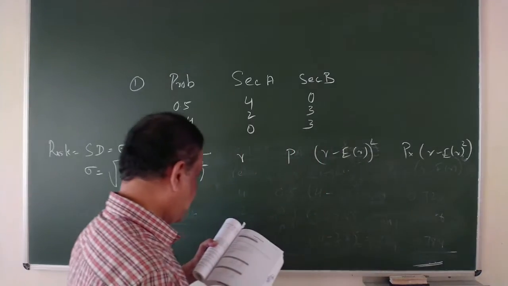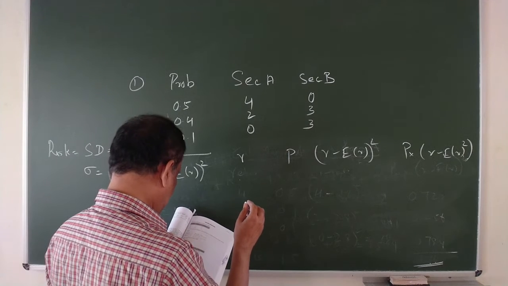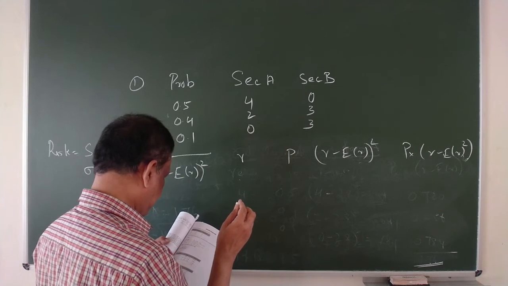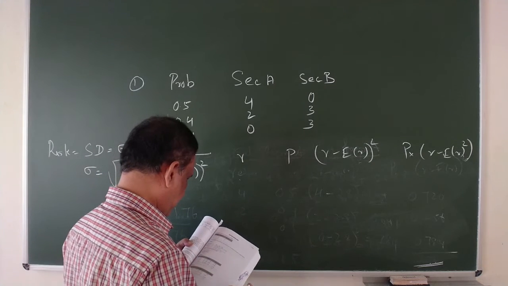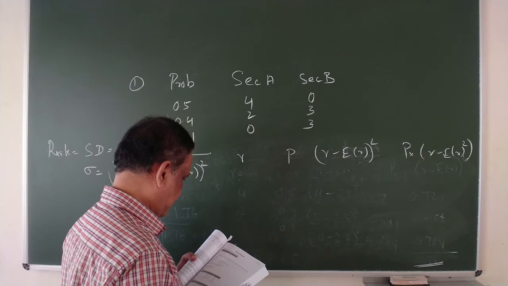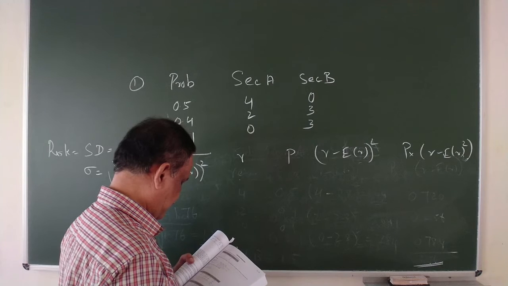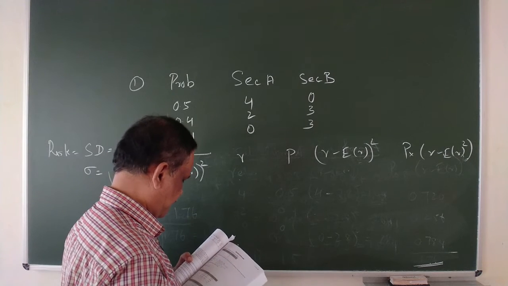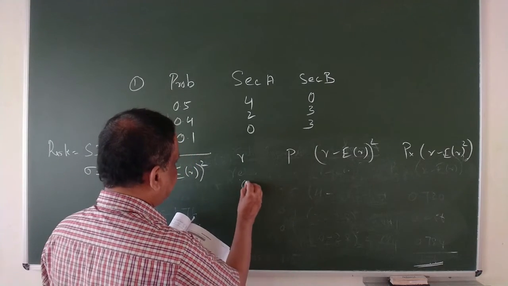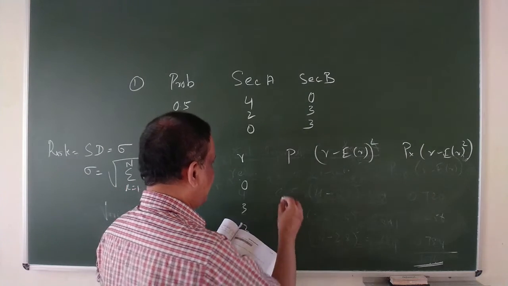The returns for B are 0, 3, 3, with probabilities 0.5, 0.4, 0.1.